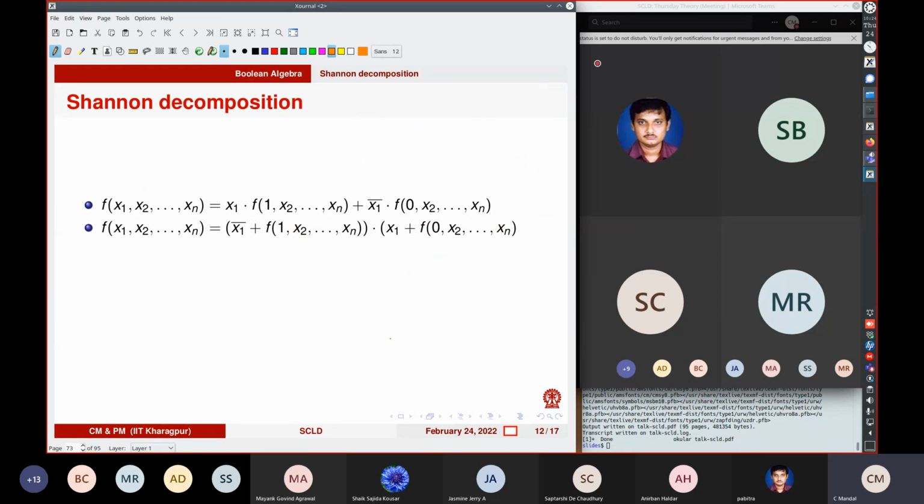Well, just as you can do it this way, you can also take the dual approach. This is expressed as a sum of products; you can also express it as a product of sums. The duality is not hard to see.